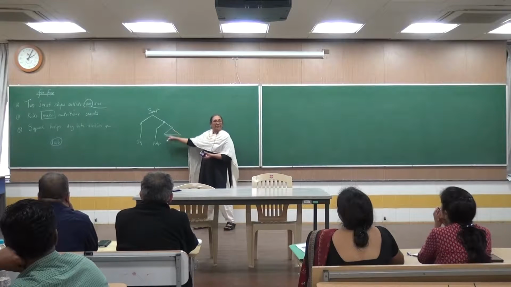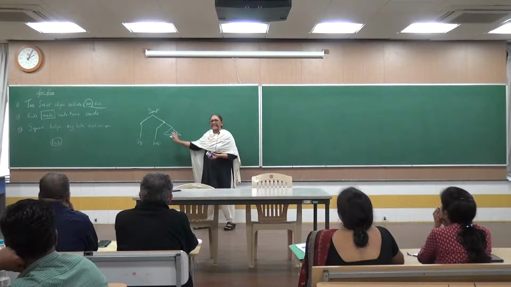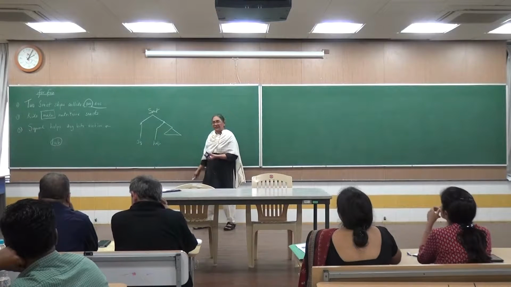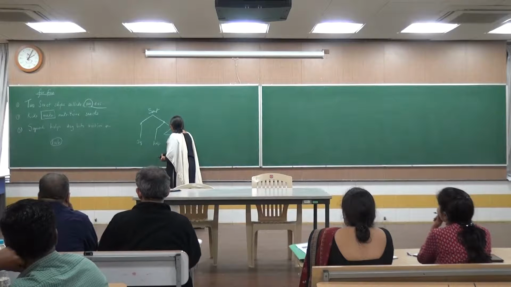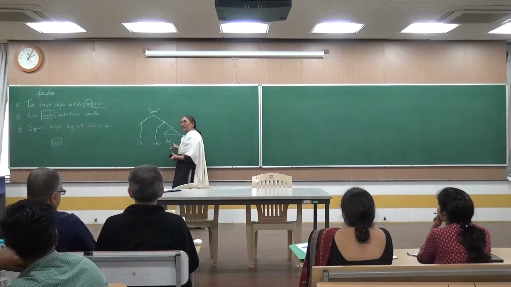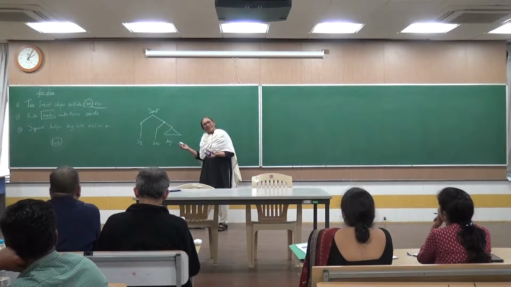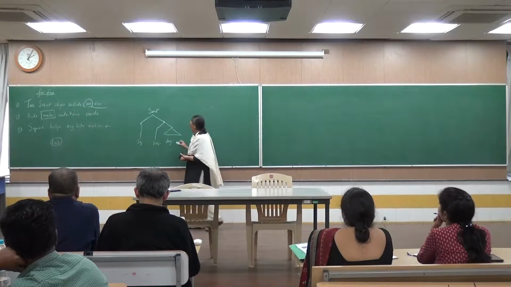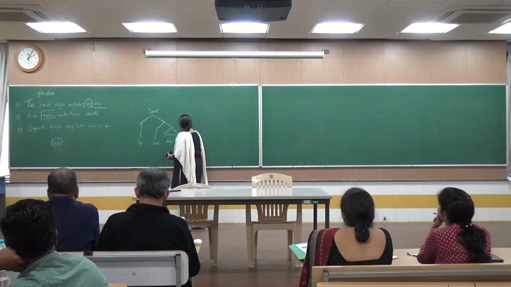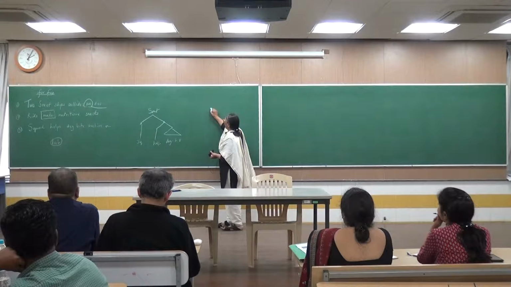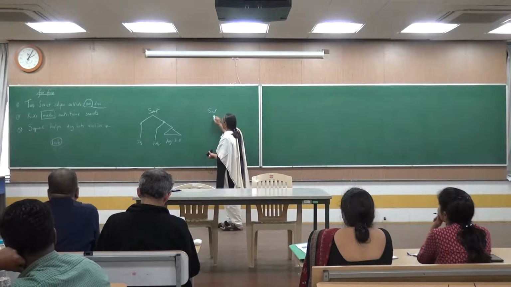I'm not going to draw separate branches. This is one way of showing that we're not interested in the internal structure of that thing. And this is where Vignesh was saying there should have been a hyphen. Very often you don't put the hyphen, so dog bite victim. So that's one meaning.